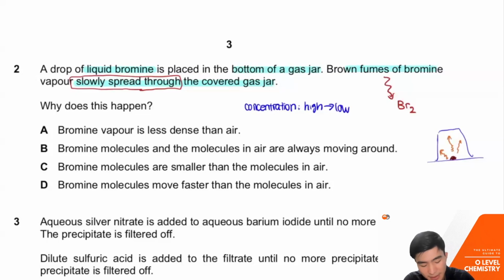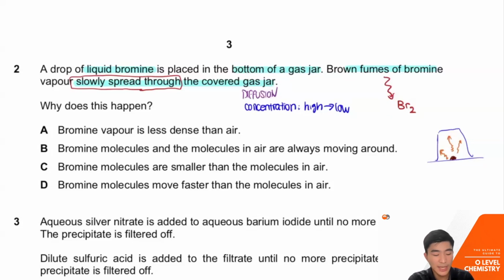So this is a process of diffusion. Here is a high concentration area, and as it goes up towards the low concentration area, there's no molecule of bromine there. That's why bromine wants to go there.